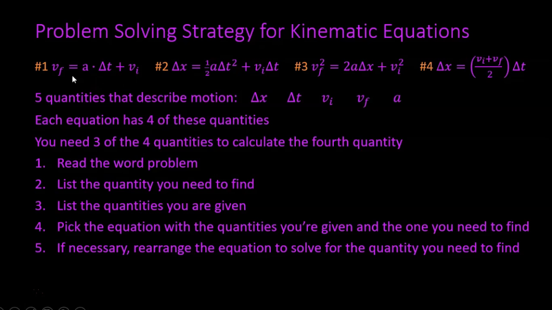Well, if that's the case, you're going to need to use equation number 1. Notice, though, that equation 1 is set up to solve for final velocity, so you're going to need to rearrange this equation to solve for acceleration. If you forget how to do that, go ahead and watch the podcast on rearranging equations. The 6th and final step then is to solve the equation.